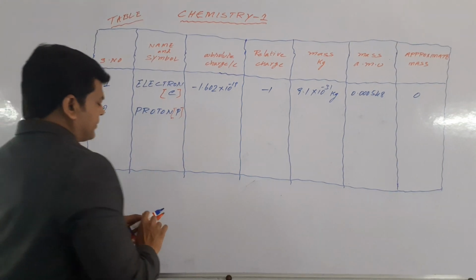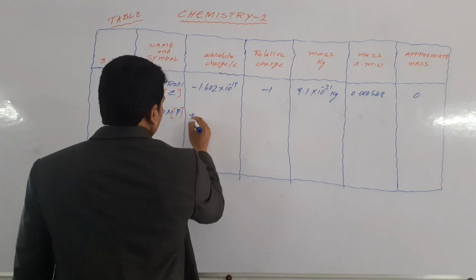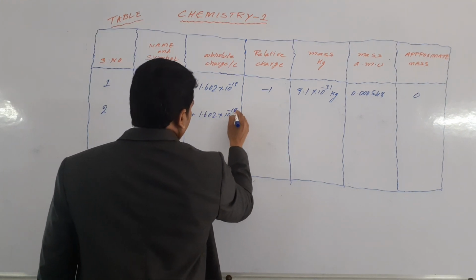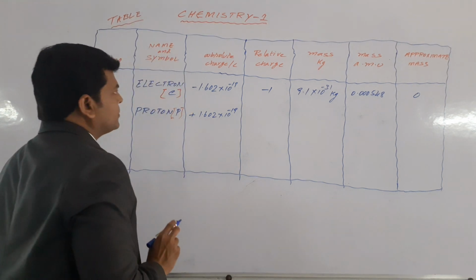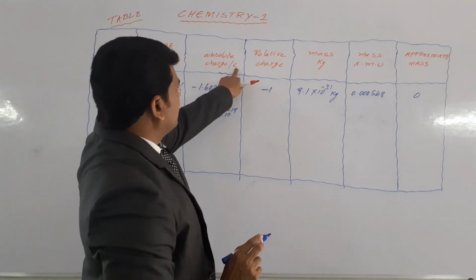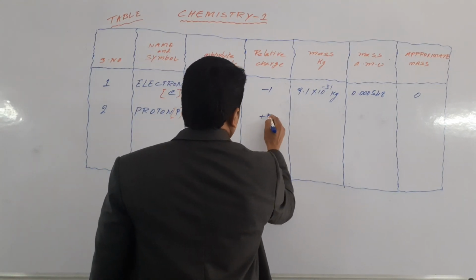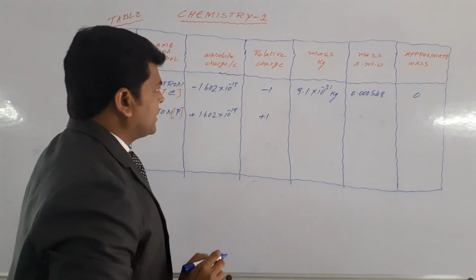Its symbol is P. Its charge is plus 1.602 into 10 power minus 19 coulombs. C for coulombs. Next, here we are taking relative charge plus 1.